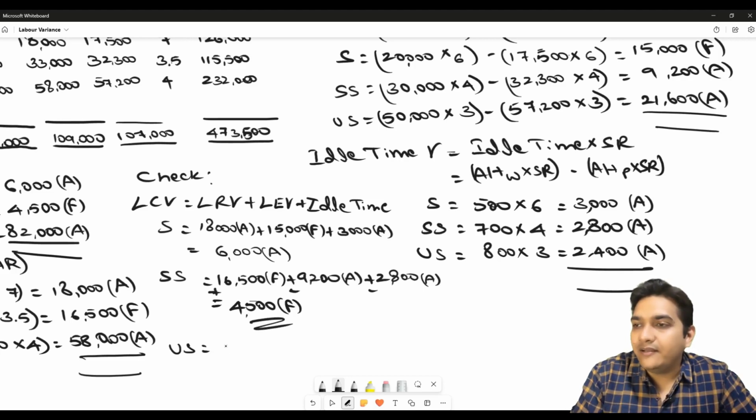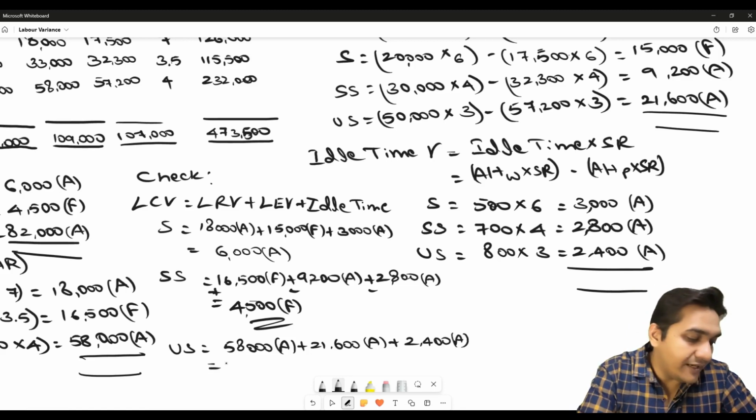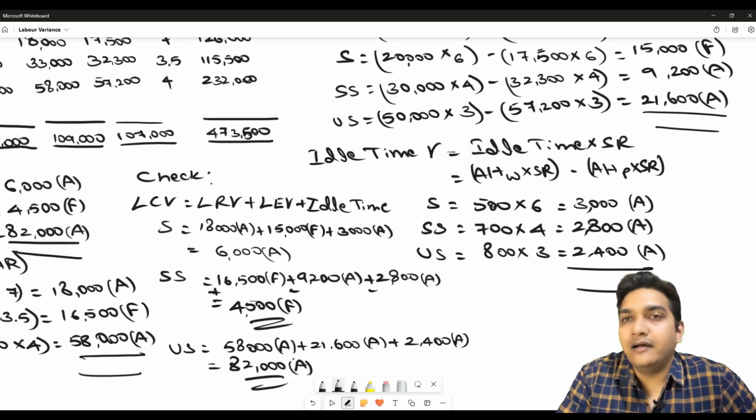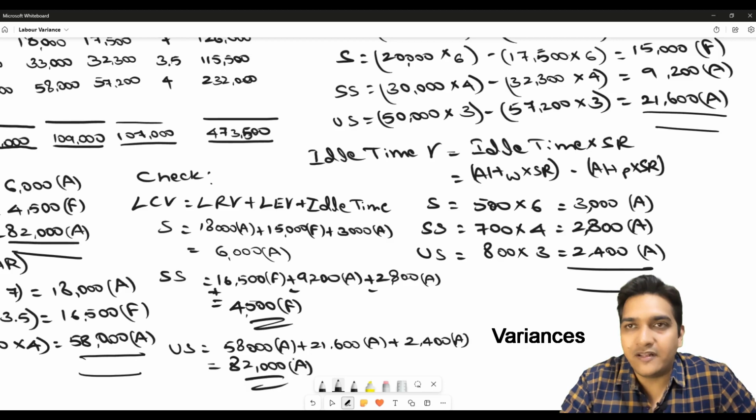Into unskilled, we have 58,000 adverse plus 21,600 adverse plus 2,400 adverse, which comes to 82,000 adverse. So with this check, we can be sure that we have calculated all our variances correctly.